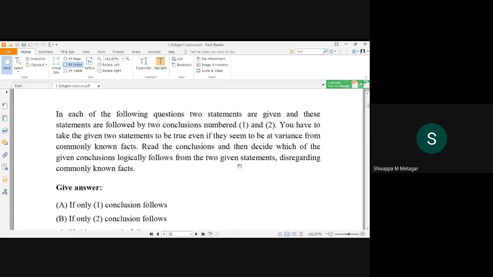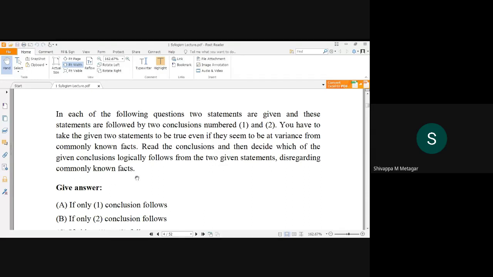In each of the following questions, two statements are given, followed by two conclusions, number 1 and 2. We have to take the given two statements to be true even if they seem to be at variance from commonly known facts. First read the conclusions, and then decide which of the given conclusions logically follows from the two given statements.